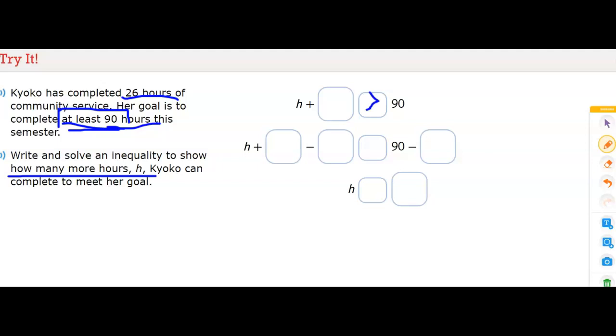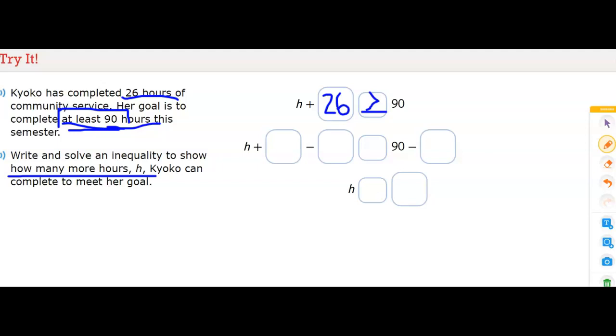So the amount of hours she does could also equal 90. That's why we have a greater than or equal to symbol. Now we have to use the amount of hours she already completed, which was 26 hours.